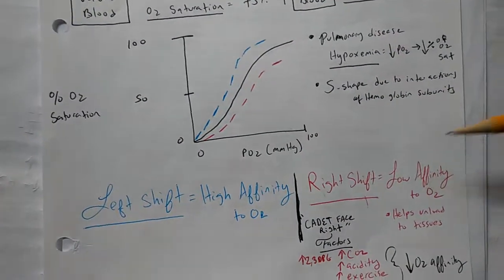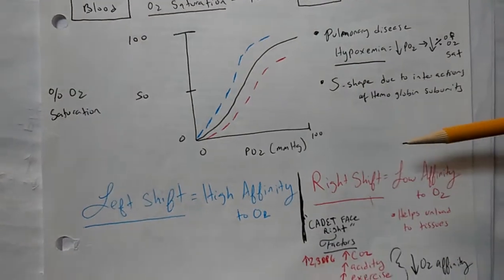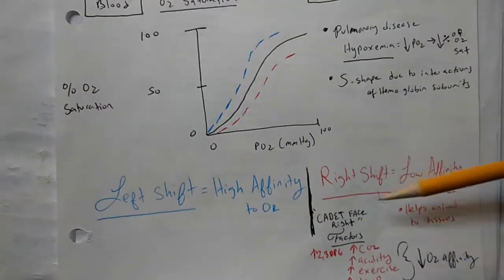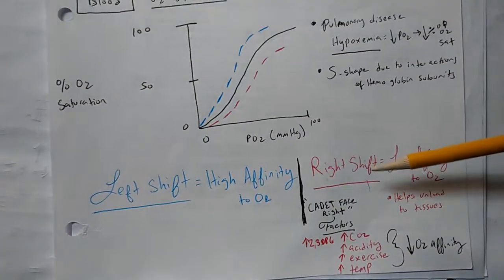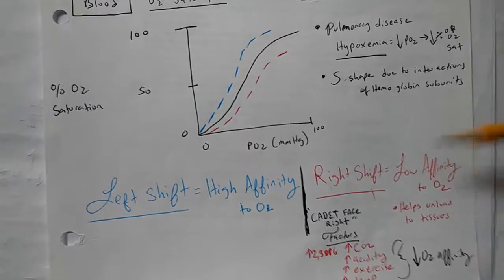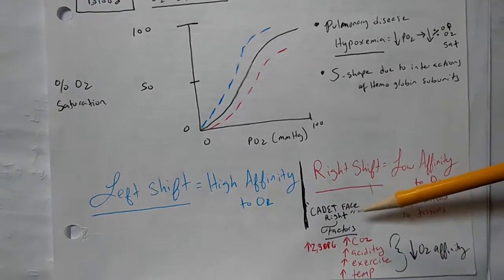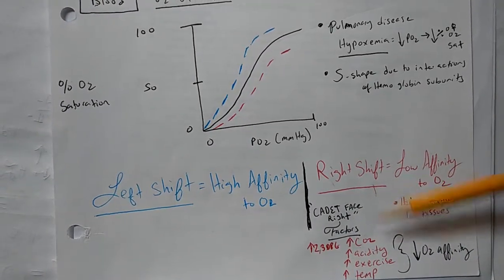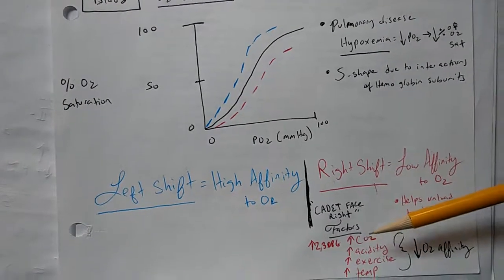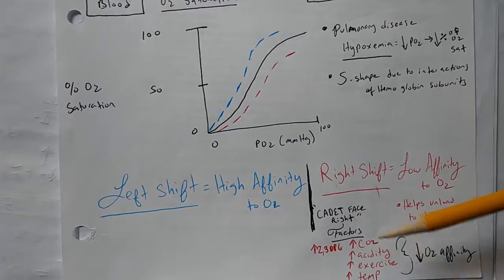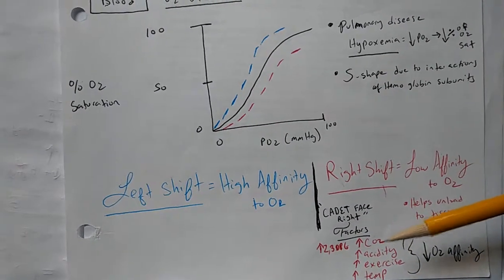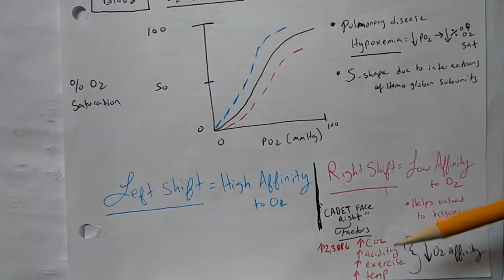It basically means that hemoglobin has low affinity to oxygen in basically 5 scenarios. You could think of CADET. Hemoglobin has low affinity to oxygen, meaning it lets go of the oxygen, if the body has an increase of CO2 or carbon dioxide, an increase of acidity or pH, so an acidity in the blood, you could say.